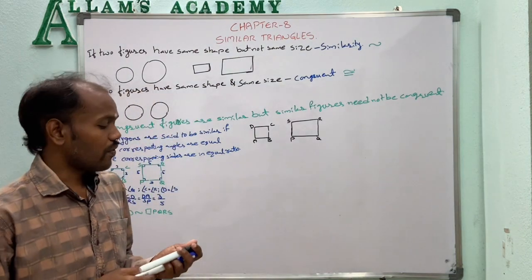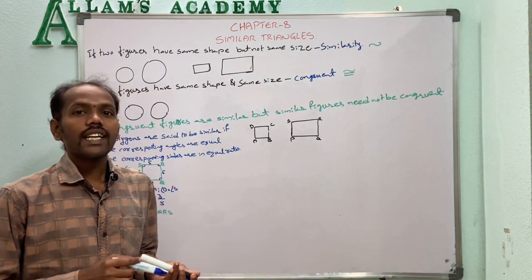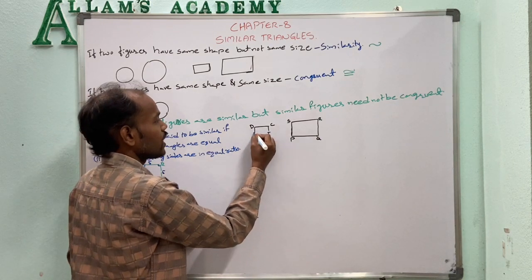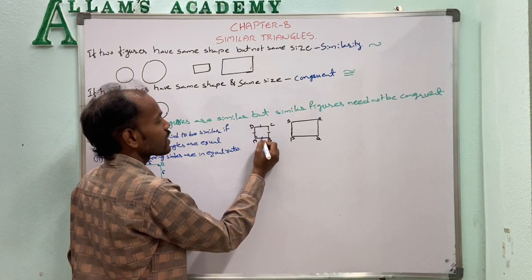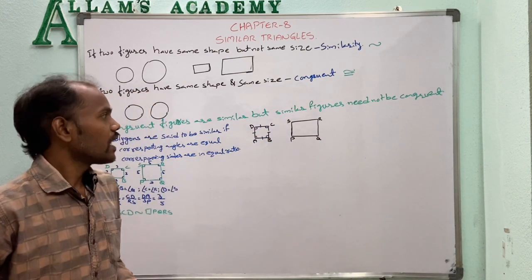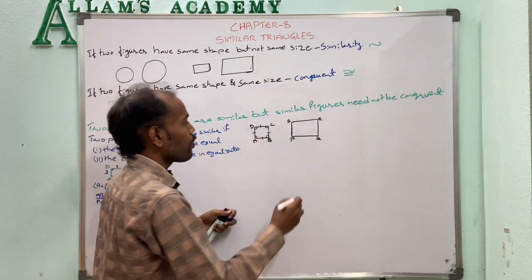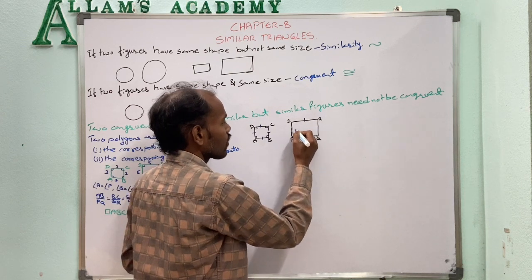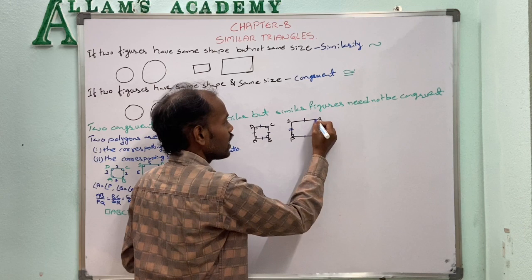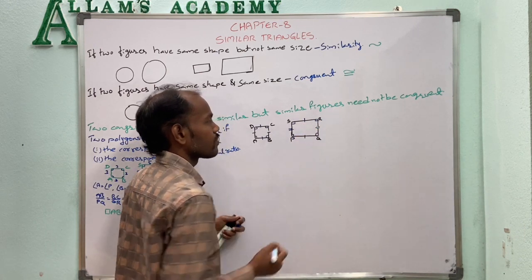In a square all sides are equal and all angles are 90 degrees. In a rectangle opposite sides are equal and each angle is 90 degrees.